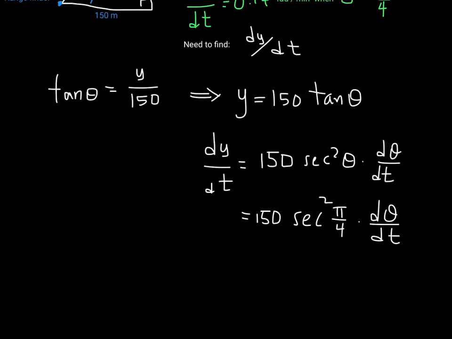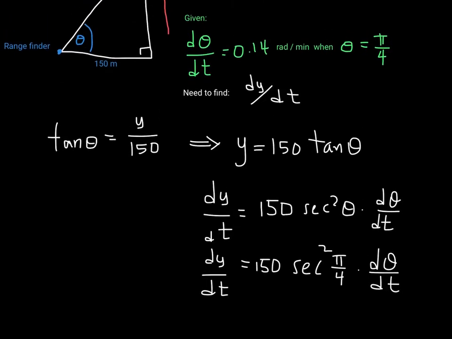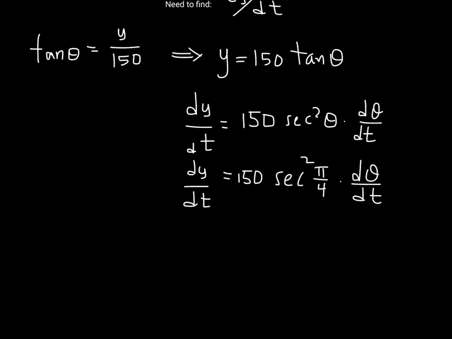The left-hand side of this equation is dy/dt. Now, we are given d theta/dt, are we not? Let me scroll back up here. d theta/dt, there it is. d theta/dt is equal to 0.14 radians per minute. So let's substitute what we have.